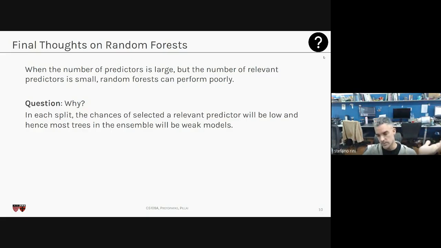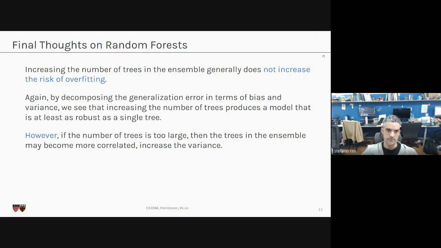It's not a very useful tree. If it ends up in the ensemble, it's fine. But if you have multiple very weak trees in the ensemble, then this decreases the performance of the ensemble. I think this makes a lot of sense.